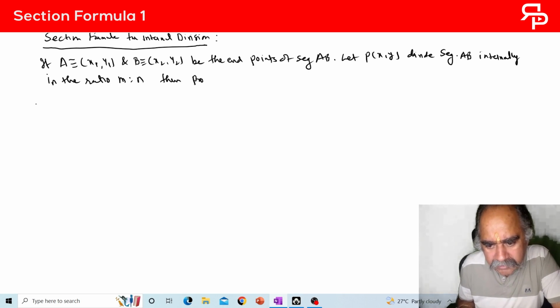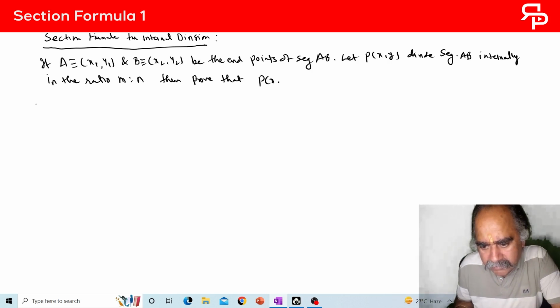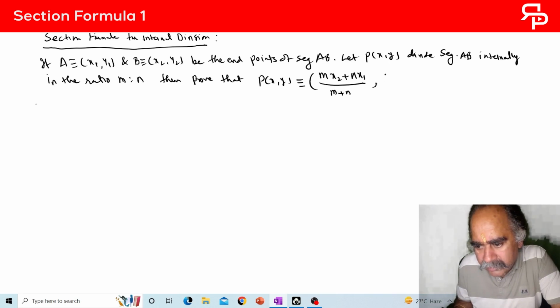Then prove that P x y is equal to (mx2 plus nx1 upon m plus n, comma, my2 plus ny1 upon m plus n).